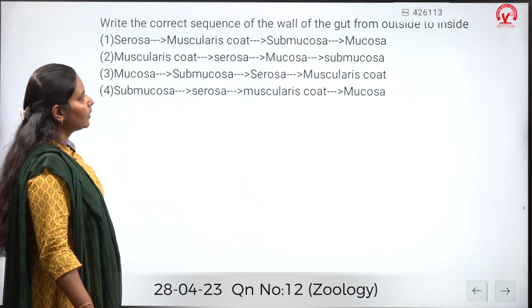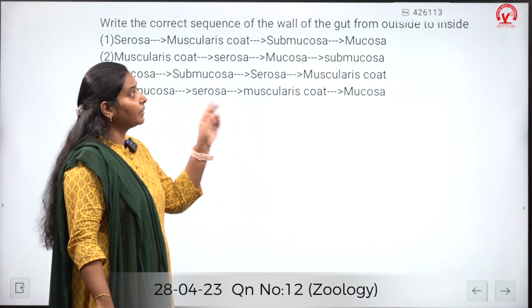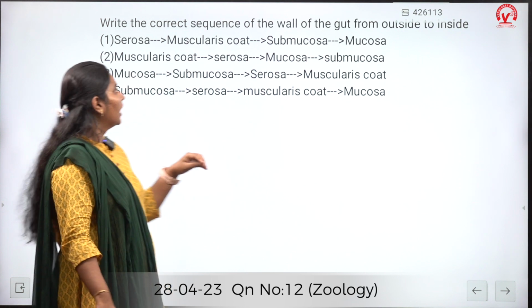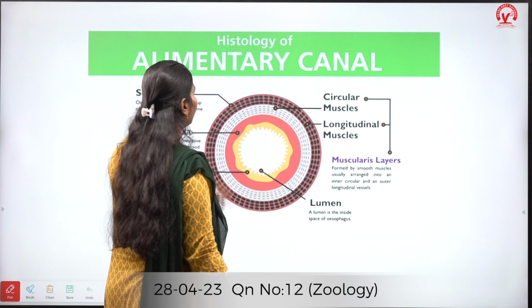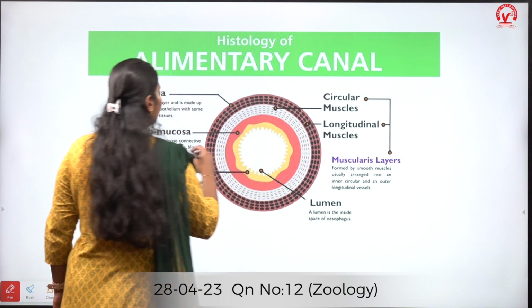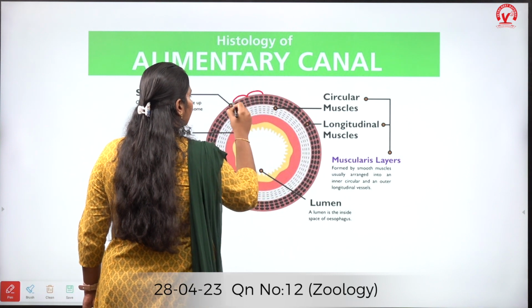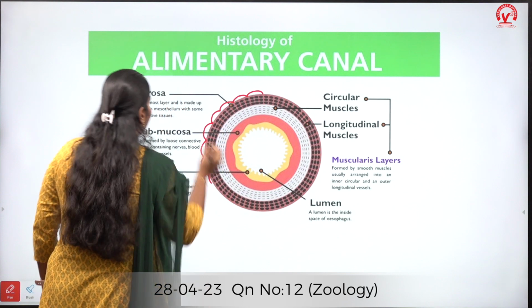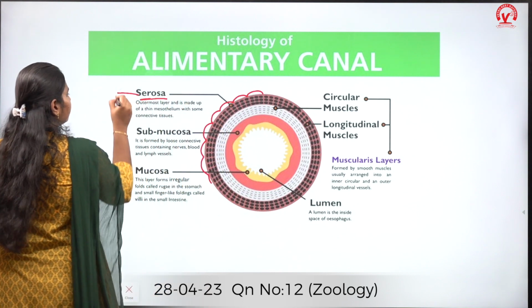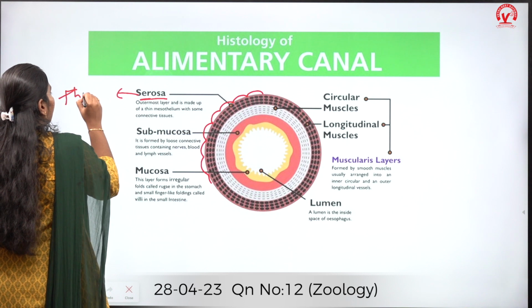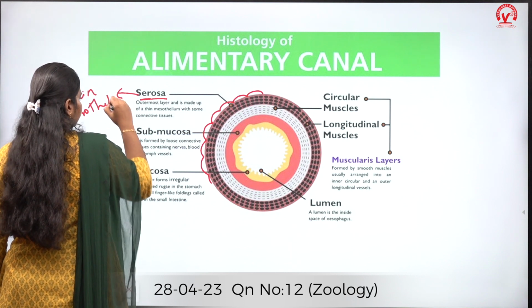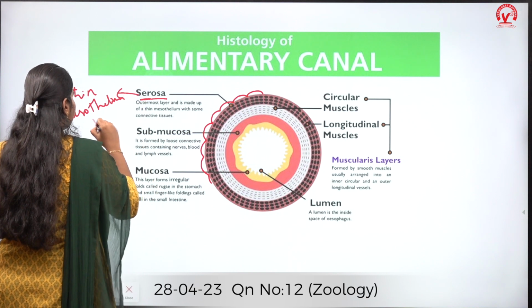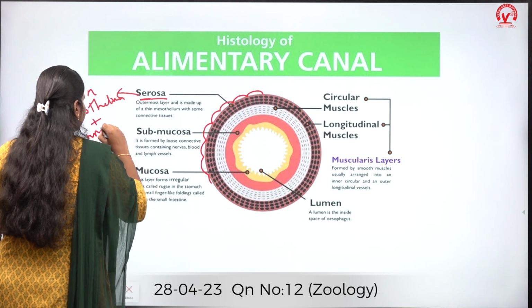Write the correct sequence of the wall of the gut from outside to inside, and they have given the order. This is the TS of an alimentary canal. Usually the alimentary canal's outer layer is called serosa, which is made up of thin mesothelium with some connective tissue.